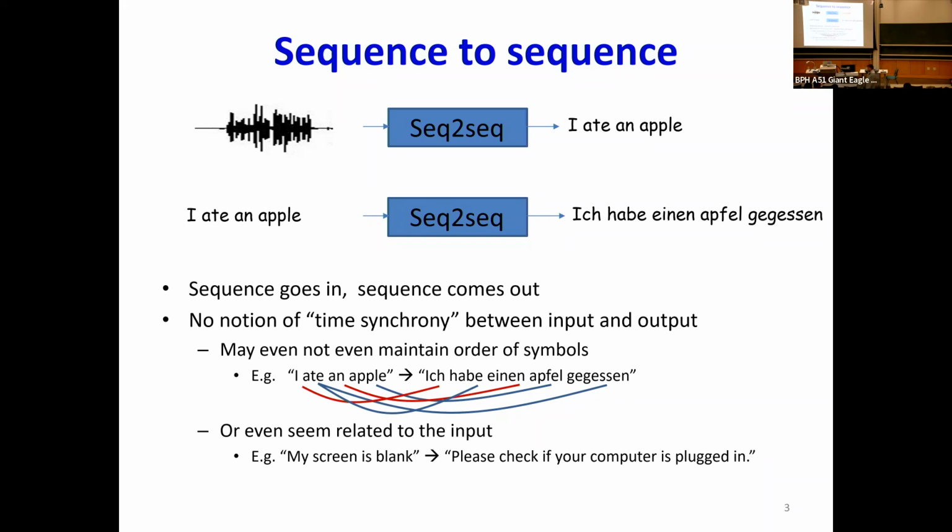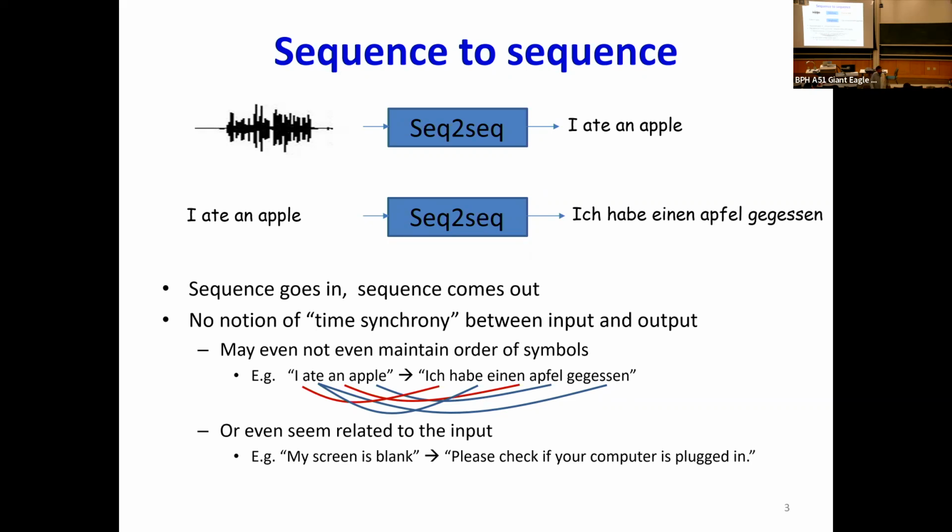If speech went in and the output was "I ate an apple", then the portion of the input that corresponds to "I" precedes the portion that corresponds to "ate". On the other hand, in machine translation, "I ate an apple" becomes "Ich habe einen Apfel gegessen". You have to get all the way to the end before you realize what the person did to the apple. So in that case, there's no order correspondence between the input and the output.